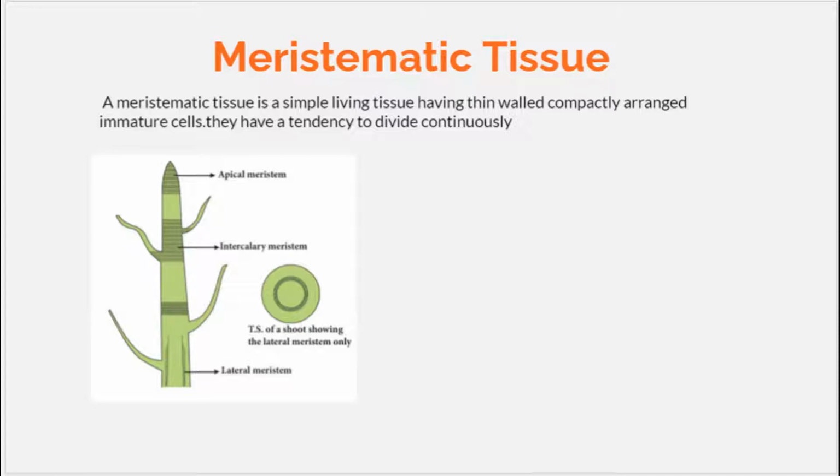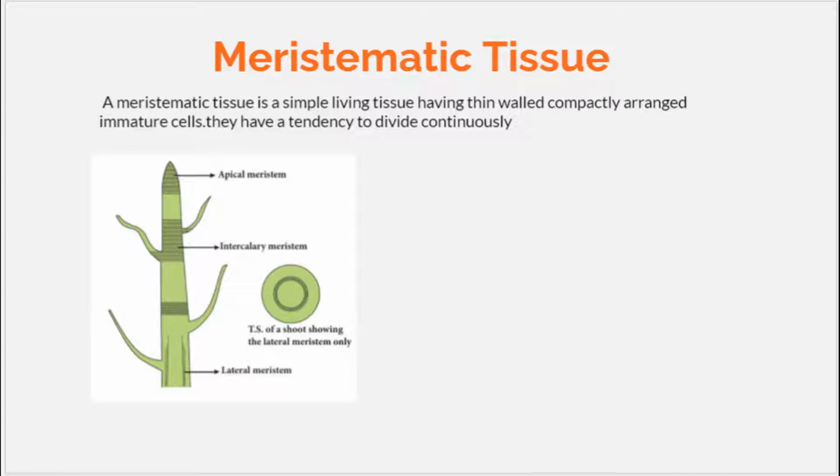This is the main definition of the meristematic tissue. I want to repeat again that meristematic tissues consist of compactly placed cells that are immature and have a tendency of continuous division.